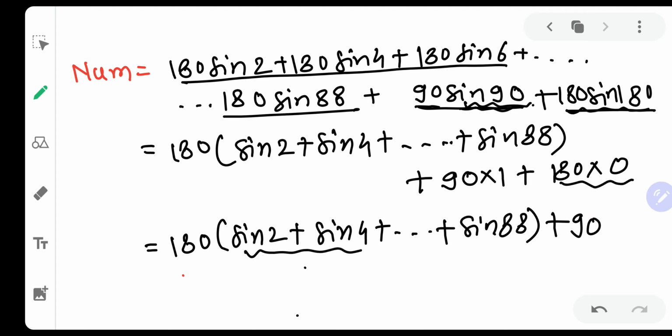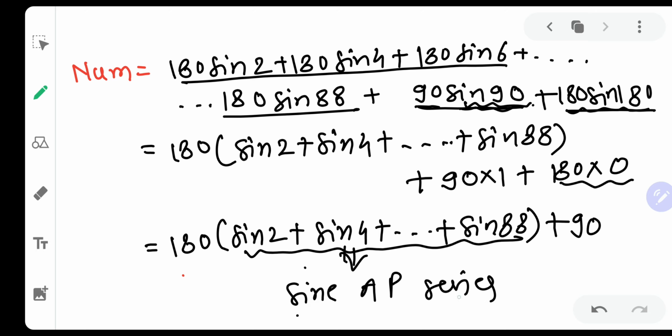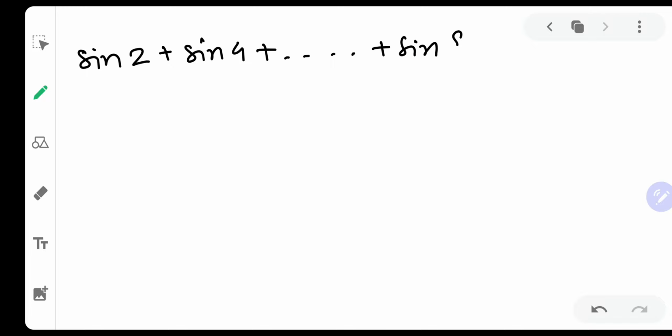Now observe carefully, this is a sine AP series. Now let us understand what a sine AP series is. So for that we have sine of 2 plus sine of 4 plus so on up to sine of 88.